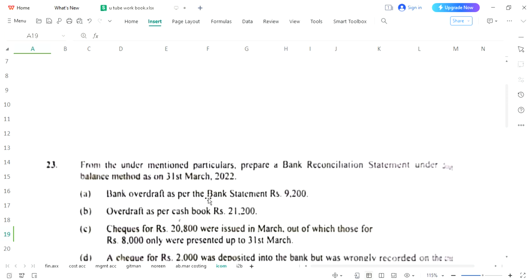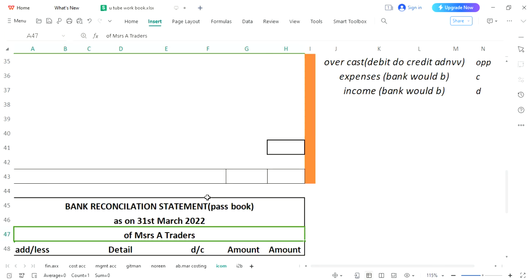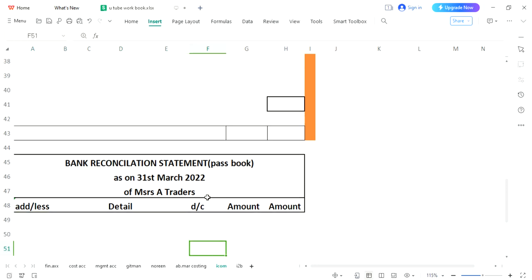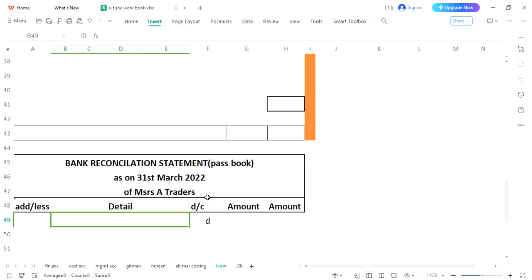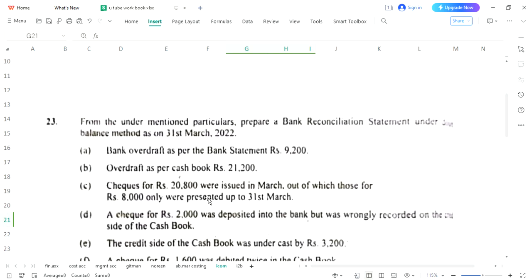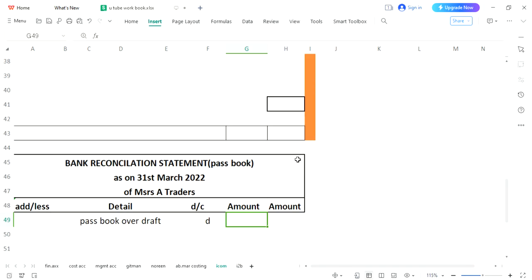We will go to the second book and here you will mention debit and show that it is passbook overdraft. So let's see how much the overdraft balance is: 9200. So we'll put 9200 over here. Please note it down, we are entering in passbook.